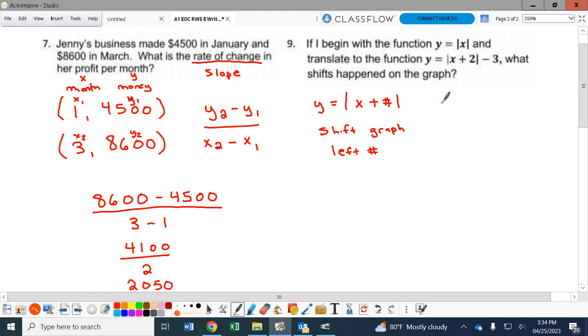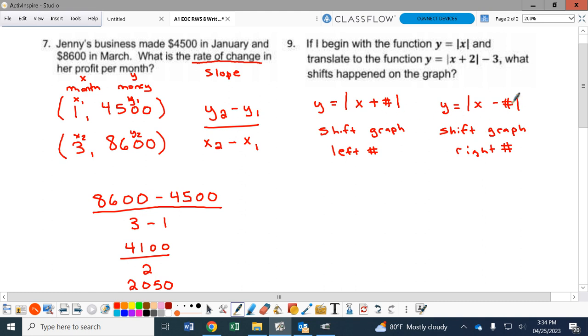Same thing over here. If it's y equals the absolute value of x minus a number, because it's on the inside, it does the opposite. So it's going to shift your graph right however many that number is inside there. It's the opposite when it's on the inside.